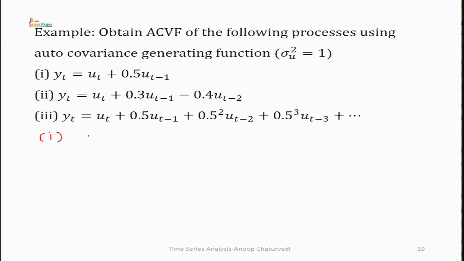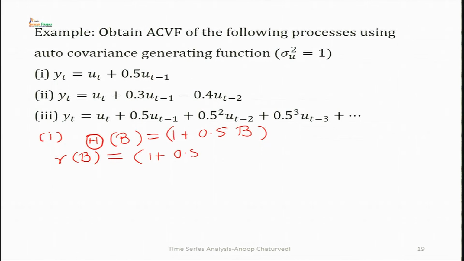So, for first example, theta b is equal to 1 plus 0.5 b. So, your autocovariance generating function is 1 plus 0.5 b into 1 plus 0.5 b inverse.